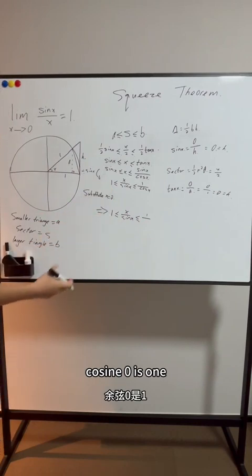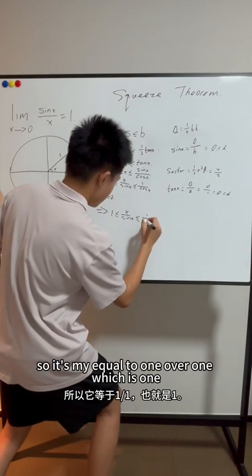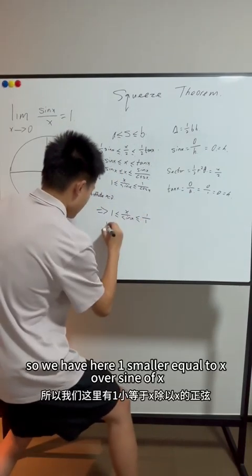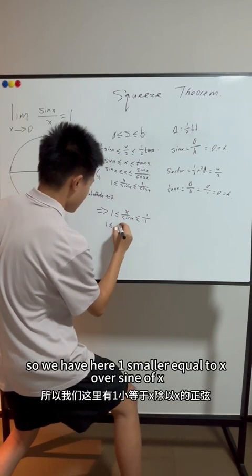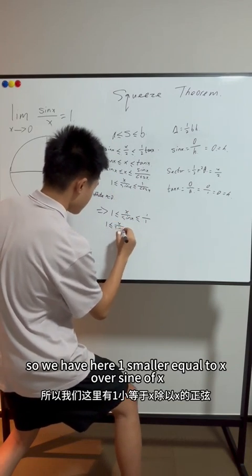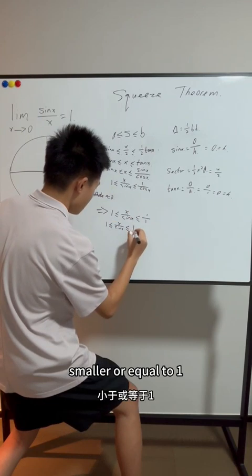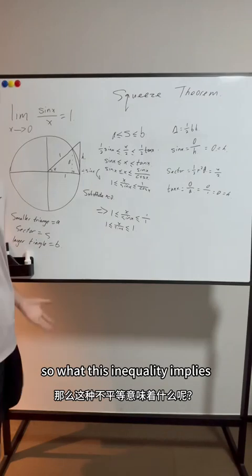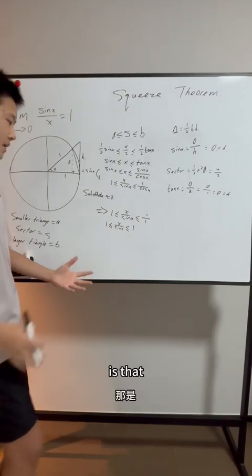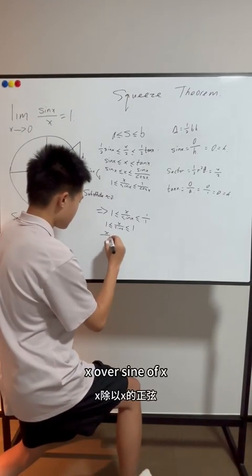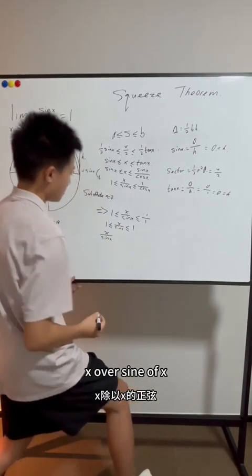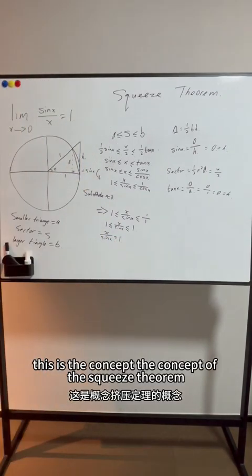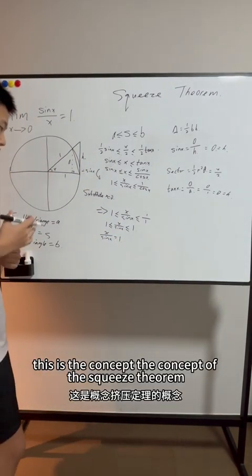Cosine 0 is 1, so it's smaller than or equal to 1 over 1, which is 1. So we have here 1 smaller than or equal to x over sine of x, smaller than or equal to 1. What this inequality implies is that x over sine of x is equal to 1. This is the concept of the Squeeze theorem.